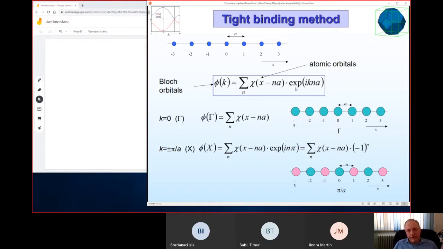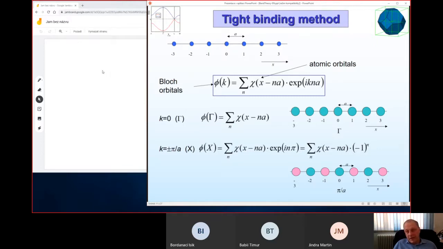But in order to satisfy the Bloch theorem, these atomic orbitals, which are summed over all sites or over all unit cells in the crystal, must be multiplied by this exponential form, and this exponent contains the complex unit i, then the k vector, which in this case is just a number because we are in 1 dimension. And na is the positional vector of a given unit cell.